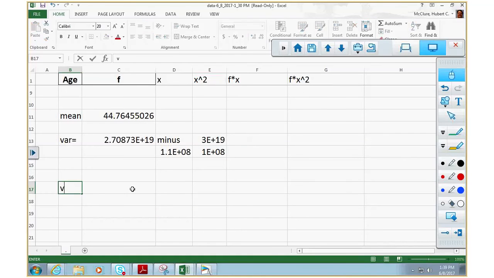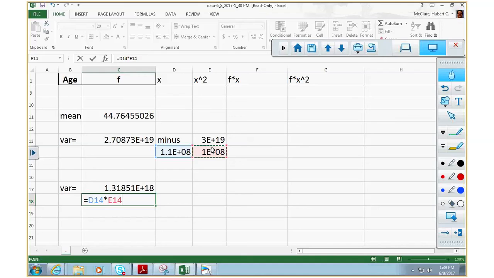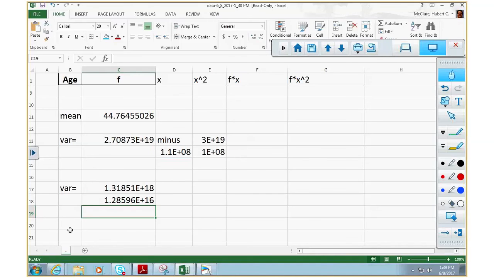Variance is equal to this minus this divided by this times this. Variance is equal to this divided by this.